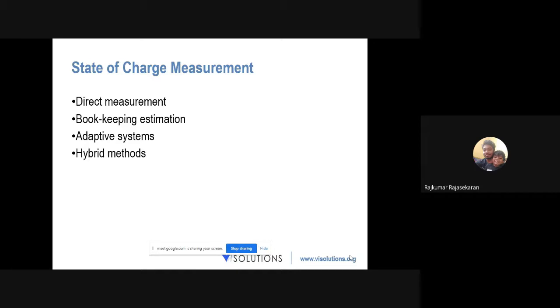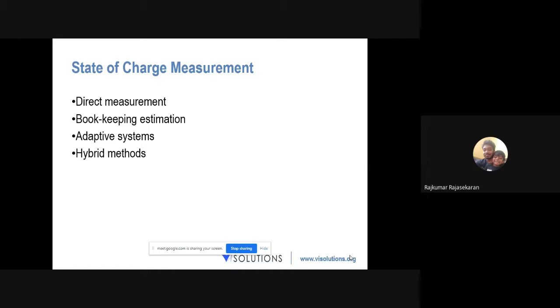And nowadays, since the advent of machine learning, people have started experimenting with adaptive systems, where they use algorithms to train their model and understand what the parameters will be when it is 100%, 90%, 95%, or something like that, until 0%.